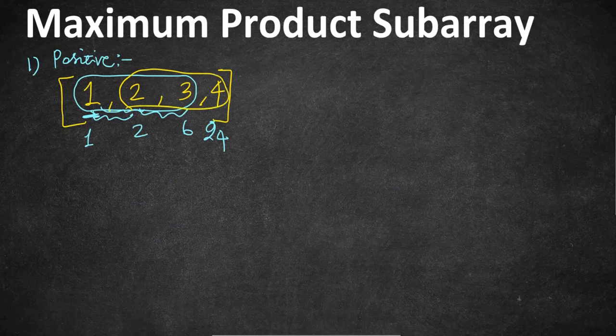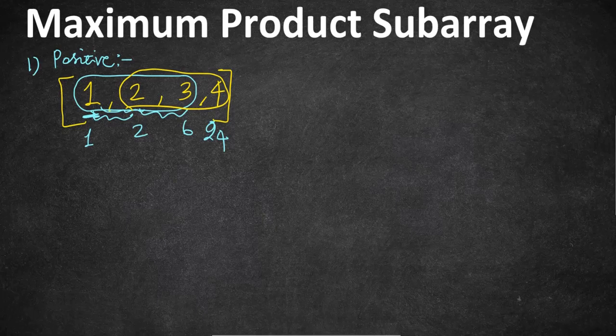Because this is a product of a subarray. So how do we decide which product has to be our result? It is very simple. Whichever set gives you the maximum value would be the result. So if all the numbers are positive, then the product is going to be either the first n minus 1 elements or from the last till the second element.